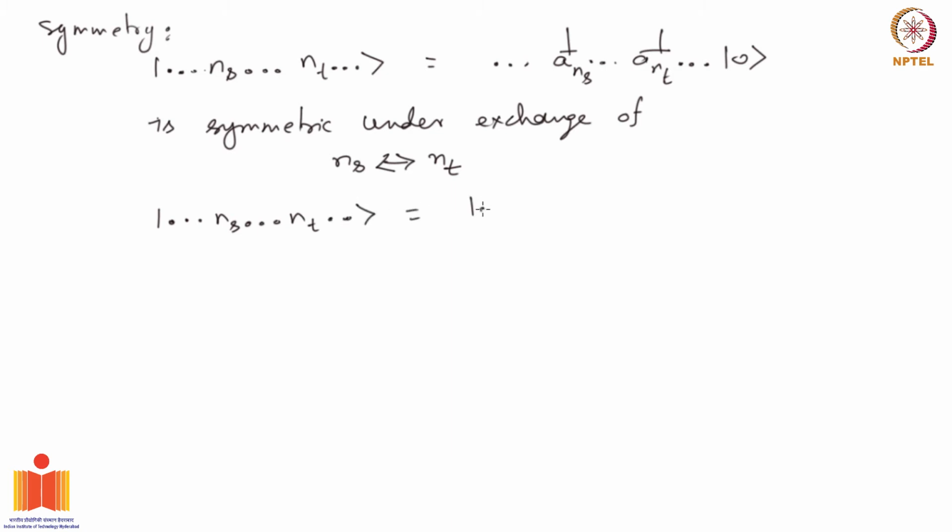Okay, so I can say everything remains the same, and here I interchange NT and NS. That is the statement about the symmetry of the states of the system. Okay, that's good, and as you saw, the reason was that A daggers commute.